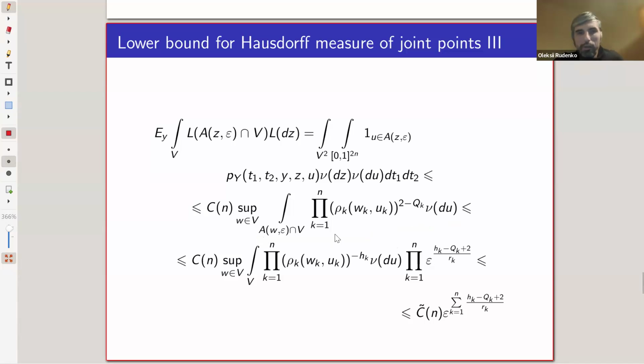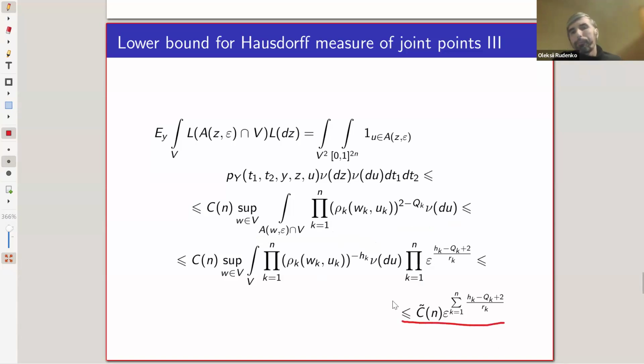I don't think I need to explain it too much, because it's the same as done in the paper of Legall basically. So it's just standard, except, well, I have a slightly different case, but it still works. And then if we have this estimate, then we have this estimate.